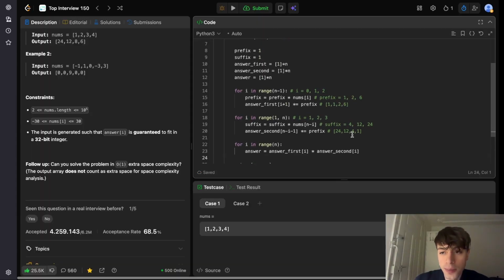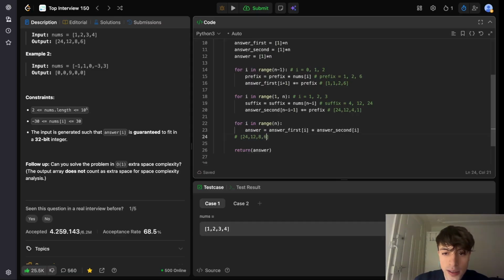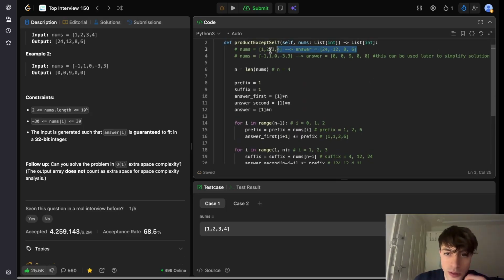And I think we've got it, because once we multiply 1 times 2 times 6, and we multiply this, we get that this should give us, as a final array, 24, 12, 8, 6, which is exactly what we want to get.